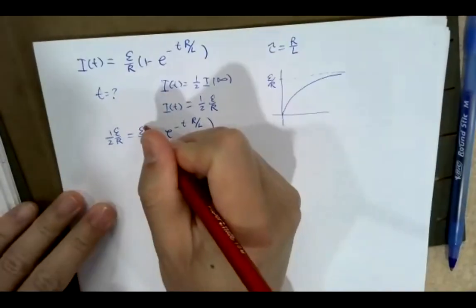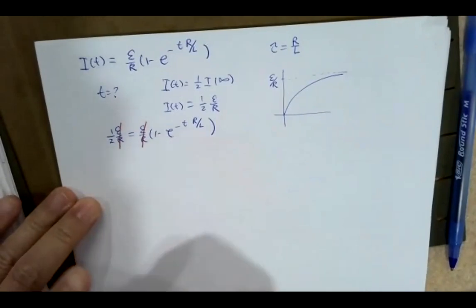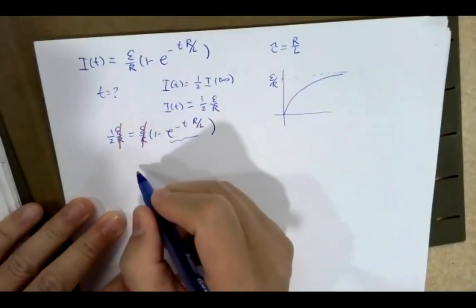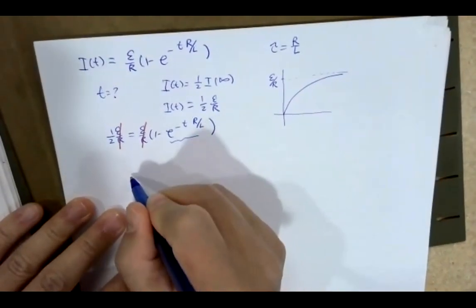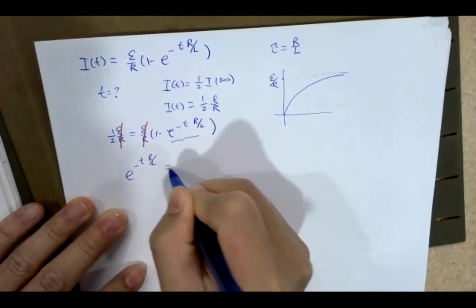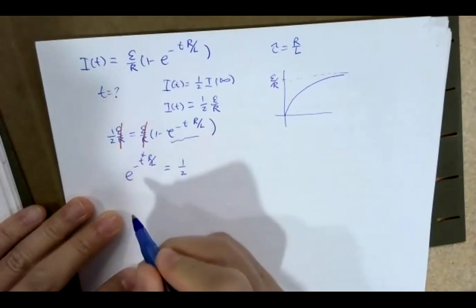So you can see epsilon over R will cancel out. Then it's 1/2 equal to 1 minus that. So the exponential of that will be equal to 1/2, right? So then that tells you e to the minus t R over L is equal to 1/2. You're solving for t here.